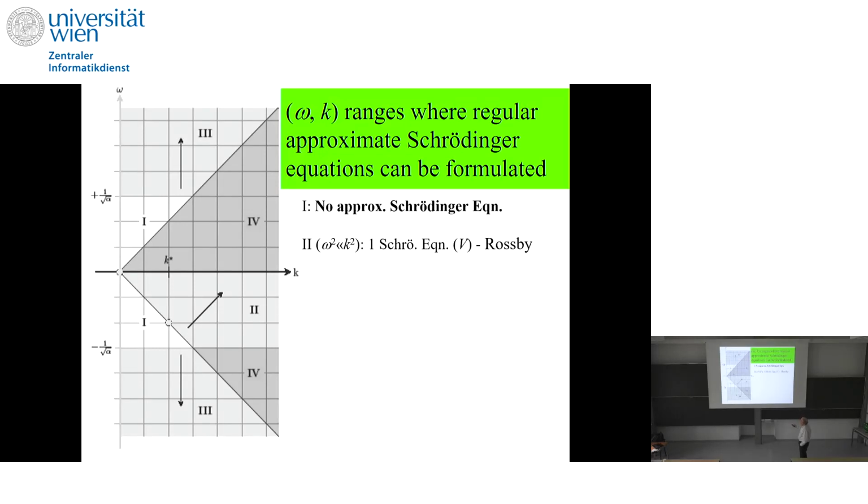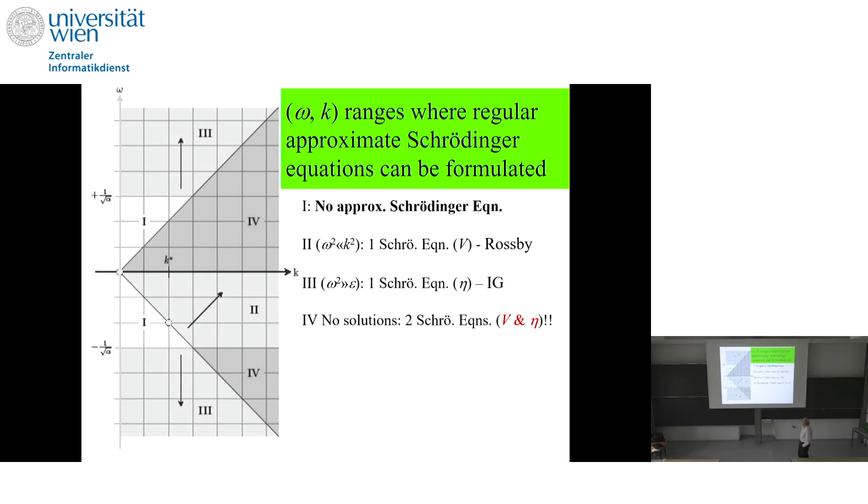Area 3, here and there, is k squared, omega squared larger than alpha, and you get an eta equation, which gives us the inertial gravity waves. It's here and here. And in region 4, we have no solution here.